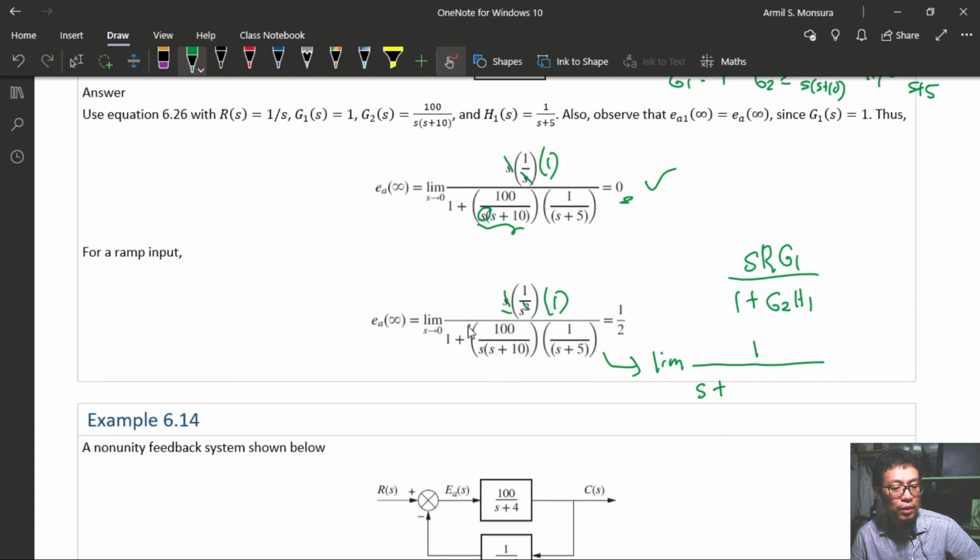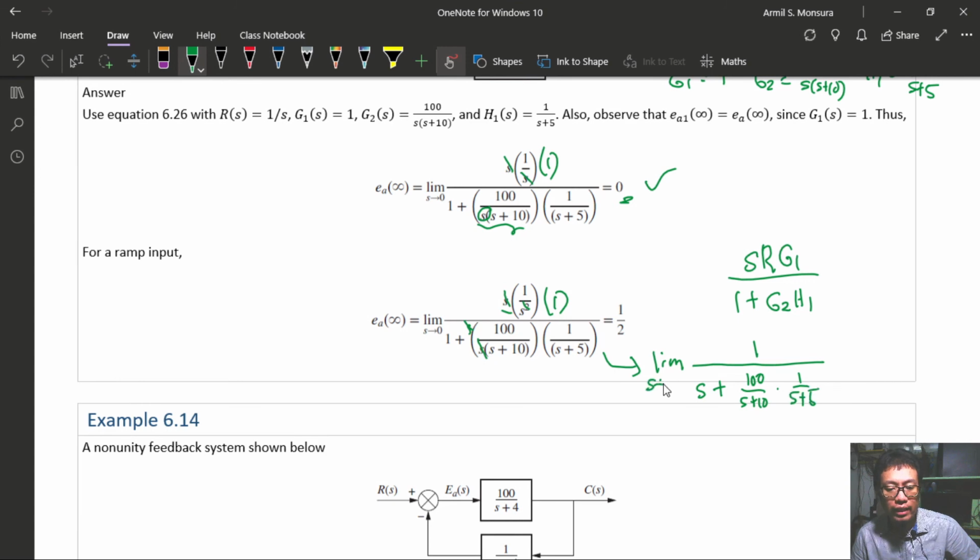So, yung S na mamumultiply dito, I would use that to eliminate this S here. So, yung S dito tsaka yung S dito would actually be divided to each other. So, magiging 1 na sila. So, may iwan ngayon doon sa second term ninyo is are the factors 100 over S plus 10, okay, times 1 over S plus 5.